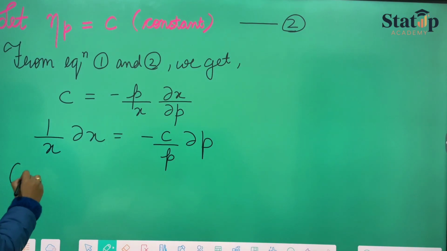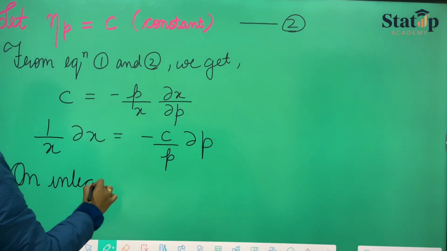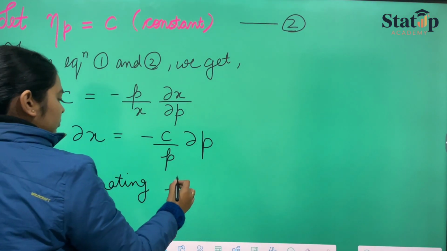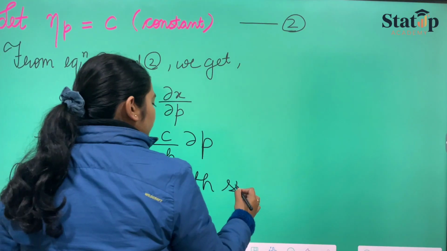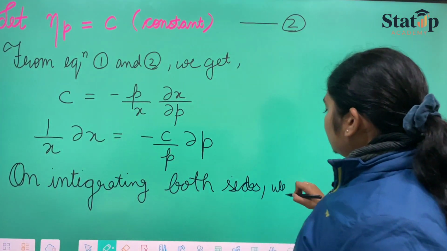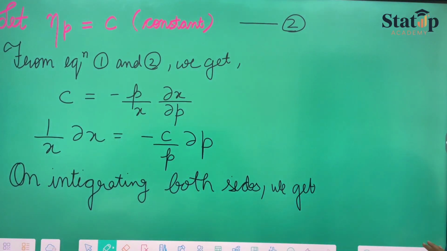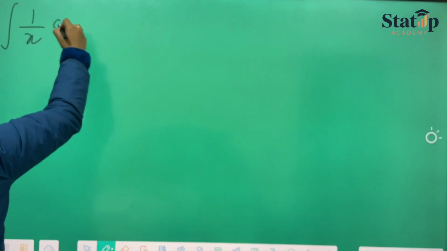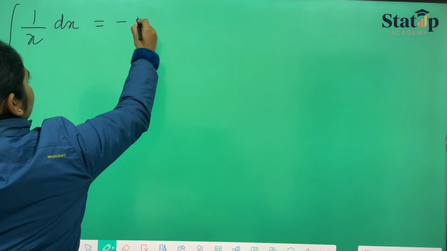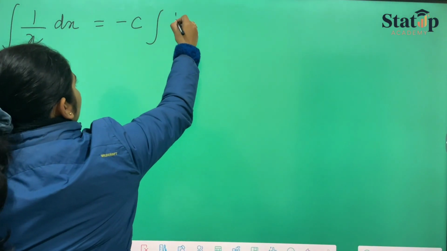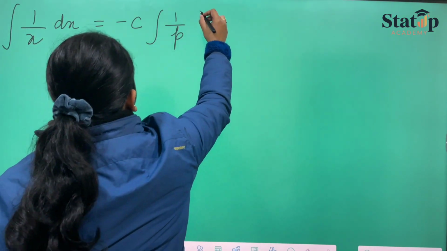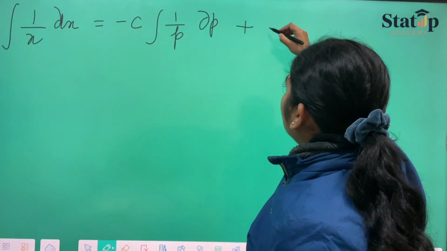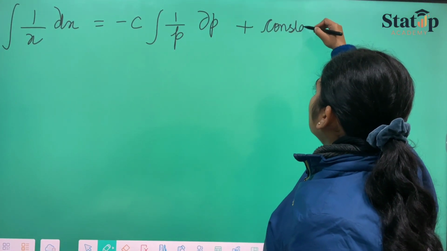If we integrate both sides, we get the integration of 1 upon x dx equals minus c, which comes outside because it is a constant, times the integration of 1 upon p dp, plus another constant, which is the integrating constant.